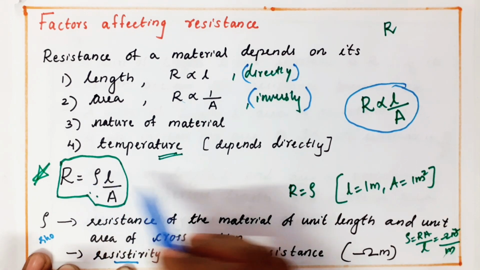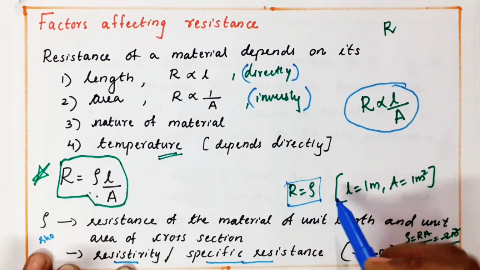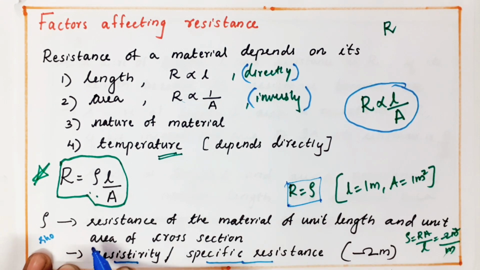So R is nothing but equal to rho. Resistivity is the resistance of a material of unit length and unit area of cross section. Clear?